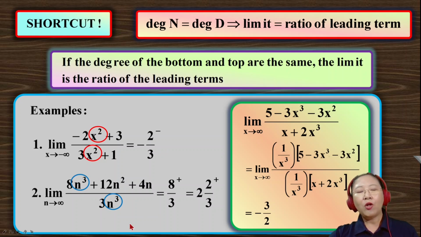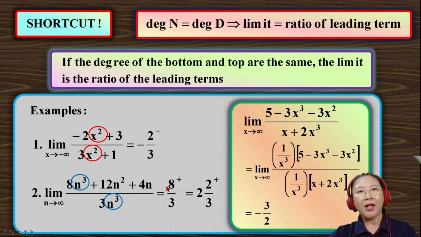Alright, how about this one? This one I am moving to positive infinity. So both of them are positive, very big positive numbers. And the ratio will be 8 over 3. That's how I get it. The ratio of the highest power will be 8 over 3, and it is from the right-hand side because all the numbers that I put in should be positive.